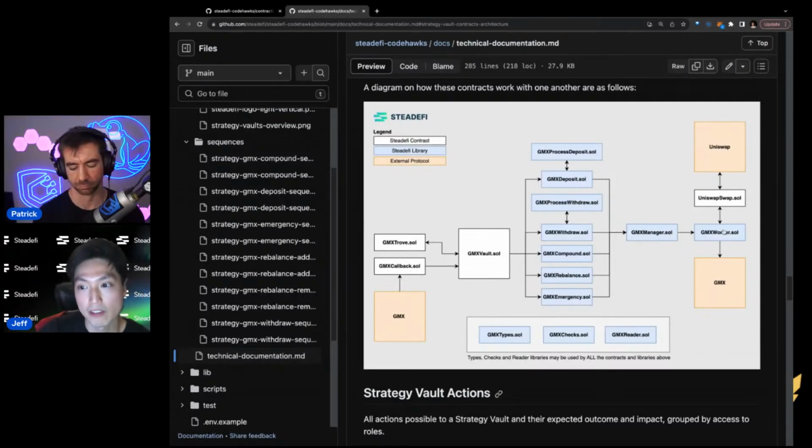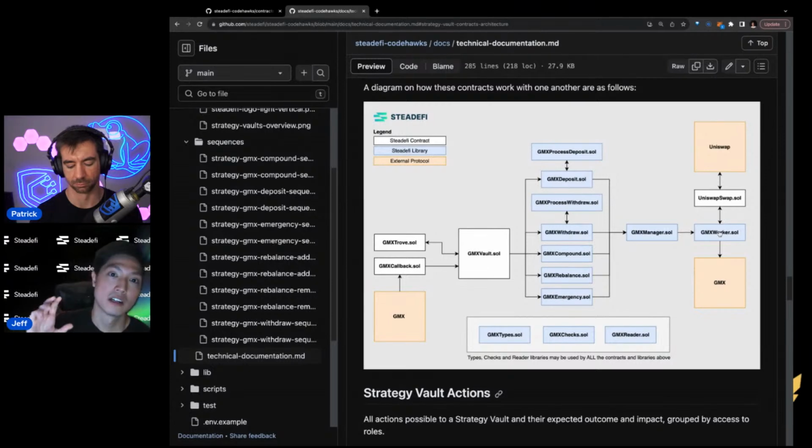So then we have a GMX worker library function. And the reason why we have a separate worker contract is because we want to make a lot of this code as reusable as we can down the road as well. And the worker contract is really a dedicated contract that is very protocol specific.